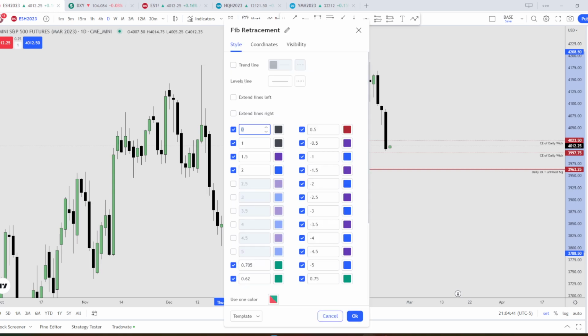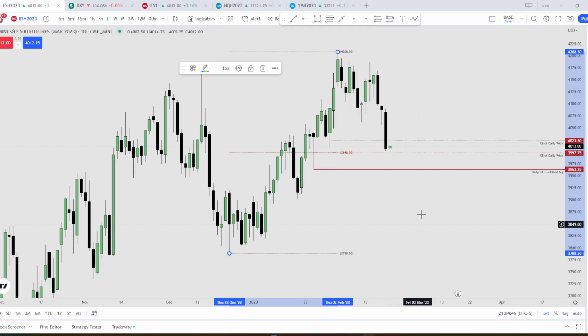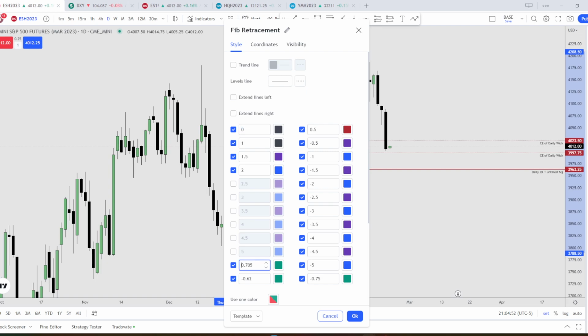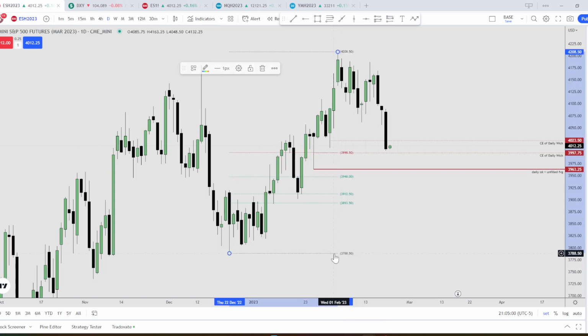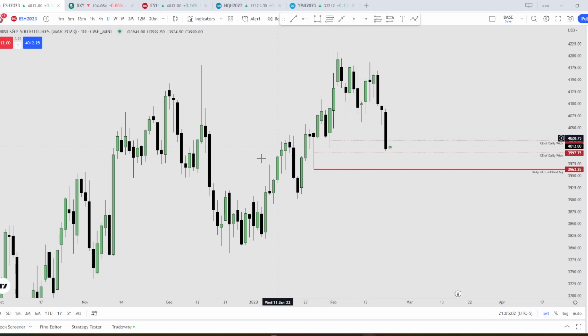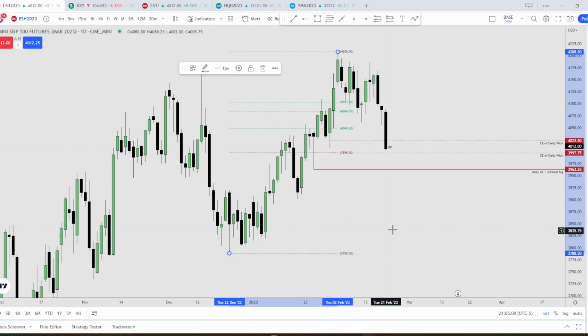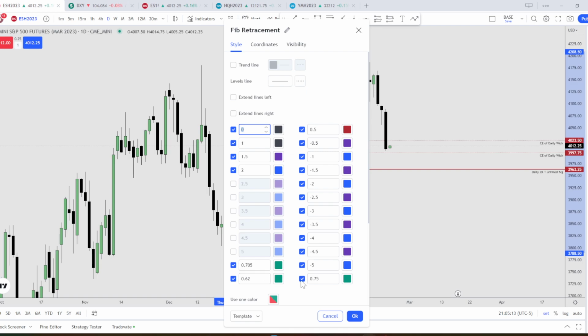Oops, the other way around. Oh, does not work. Guess I'll just have to draw it the other way. From here to here, right? Did I get it correctly? 62, 75, half of it should be right around this area, right?